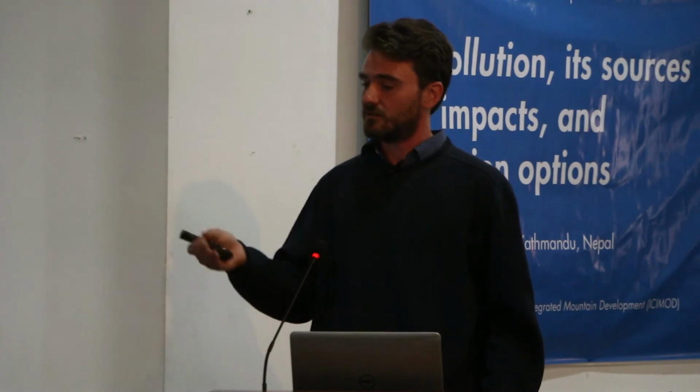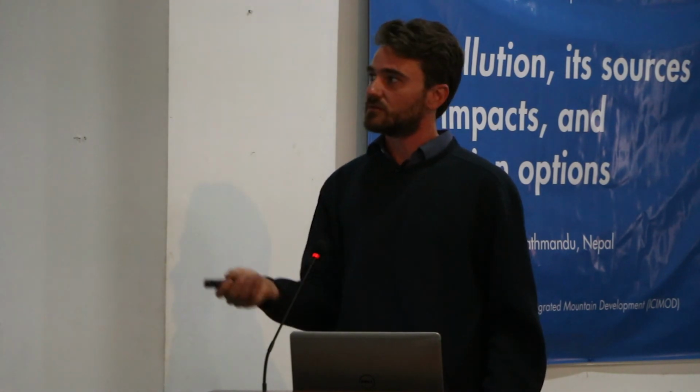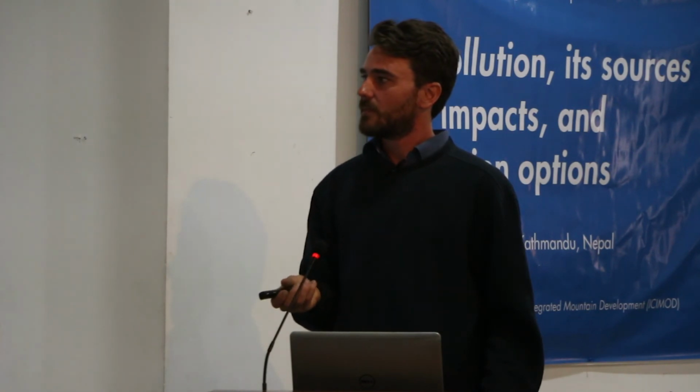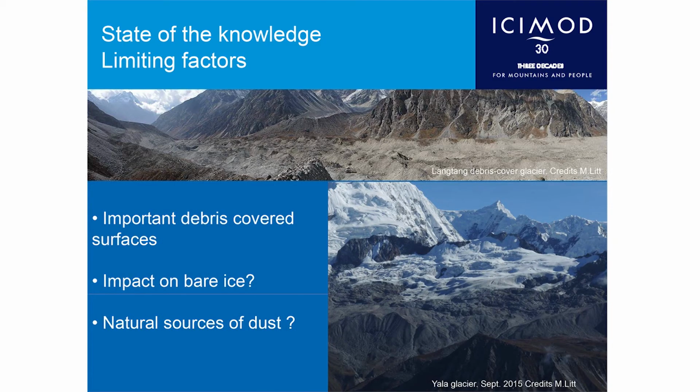It doesn't change anything. You have one meter of debris, you just add some thin layer of dust, it doesn't change anything. Here I put a photo of the Yala Glacier as I observed it in September, where you see this ice appearing there, which is quite dirty, actually. This is the natural state of the ice when the snow is removed.